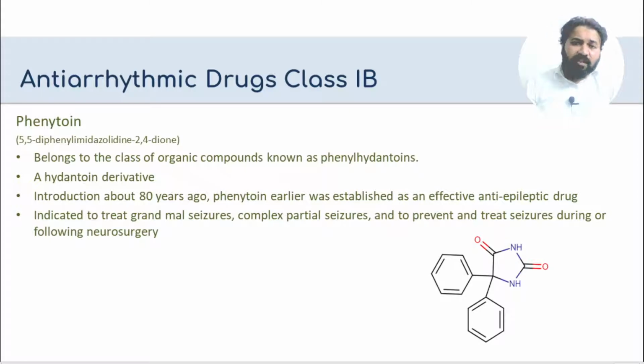Now under the class 1 category, the next is phenytoin. Phenytoin exists in the salt form of phenytoin sodium. This is the IUPAC name of phenytoin, and it has been used for so many decades.